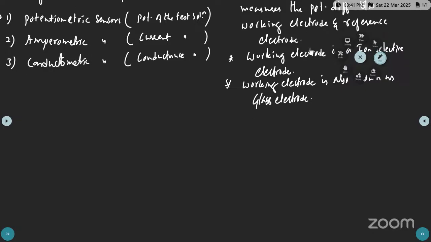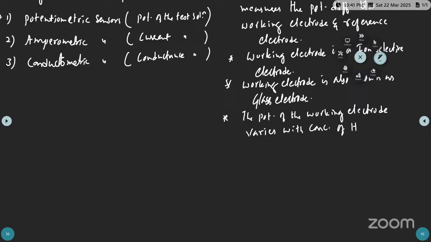See, the potential of the working electrode varies with the concentration of H plus ions.